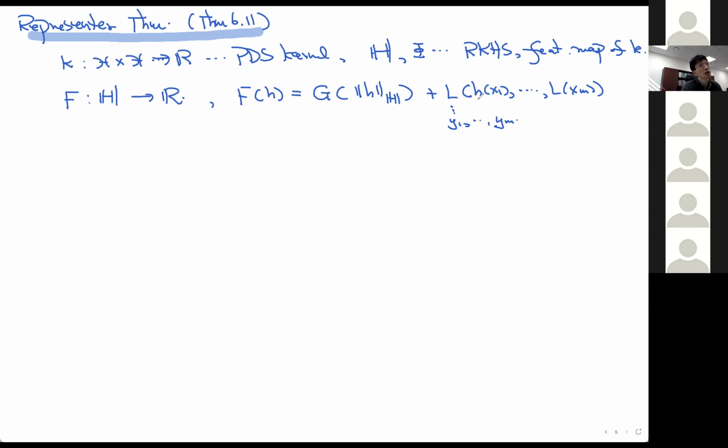If you give it the values h(x1) up to h(xm), it tells us how good our classifier h is with respect to the examples (x1, y1) to (xm, ym). So this corresponds to the empirical loss, and this corresponds to the regularizer.